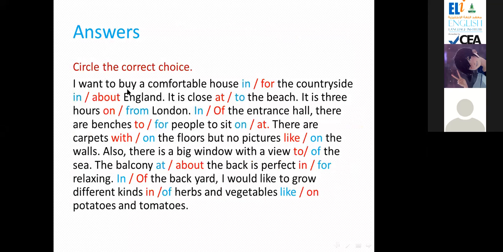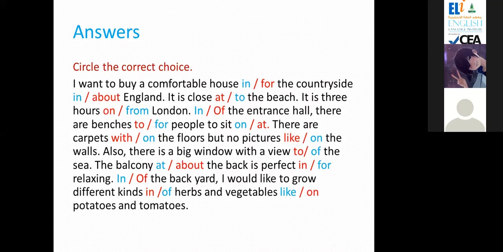I want to buy a comfortable house in the countryside in England. So places, we use it for place. It is close to the beach. So here, distance or place. It is 3 hours from London. So here also, distance. In the entrance hall, there are benches for people to sit on.